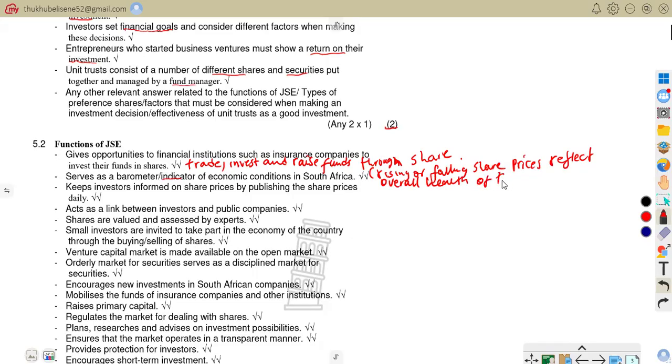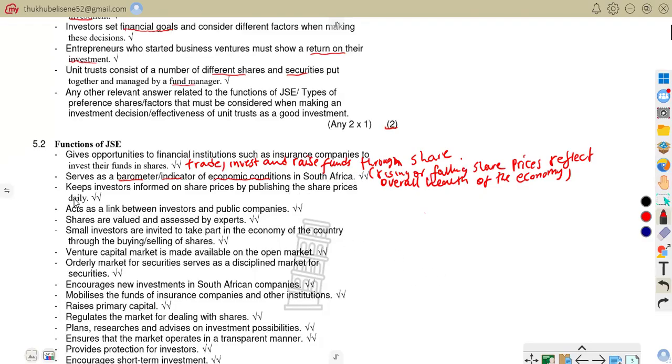So that is why this answer says it serves as a barometer or indicator of the economic conditions in South Africa. That is why we are saying rising or falling share prices reflect the overall health of the economy.